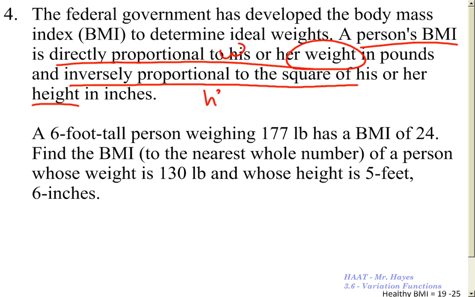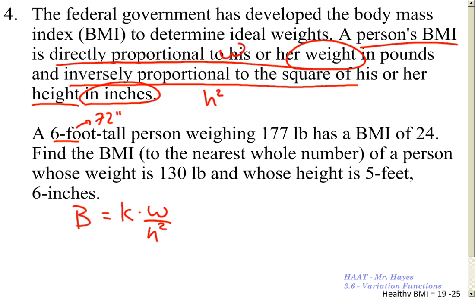So it's going to be H squared. So before we even look at anything else, BMI is going to be some constant that we don't know yet, times the person's weight divided by their height squared. Now please notice they're saying height in inches. So down here when they say 6 foot tall, that's actually 72 inches.